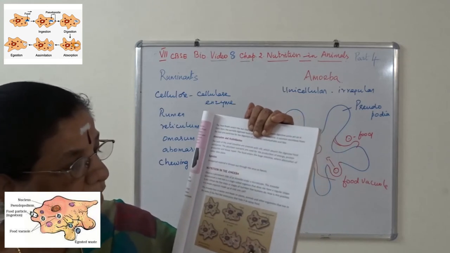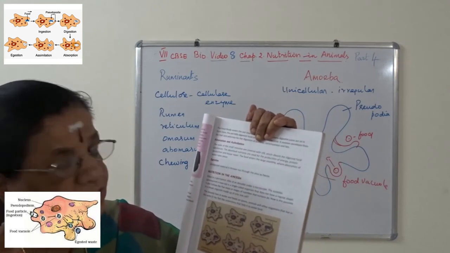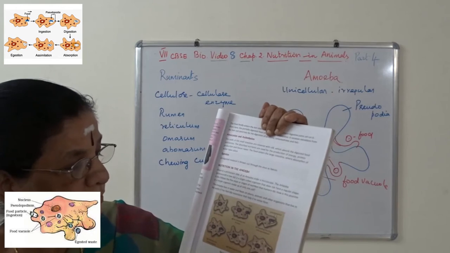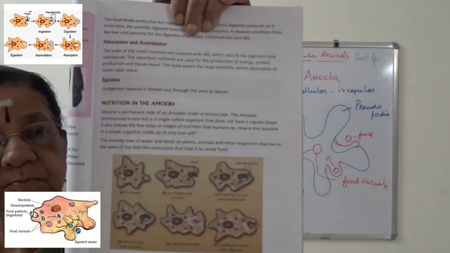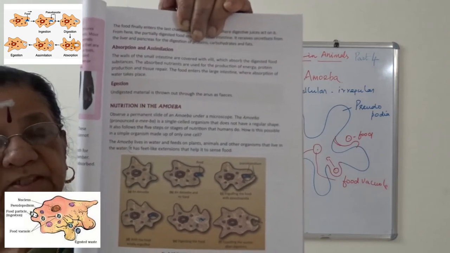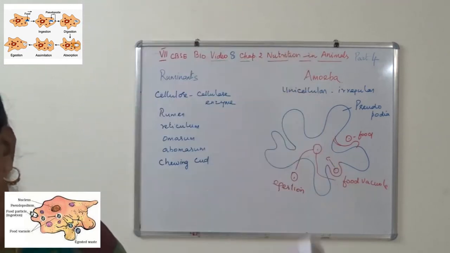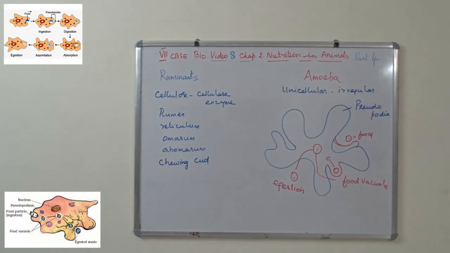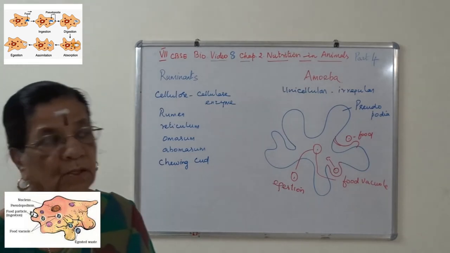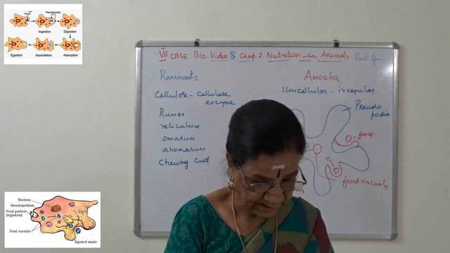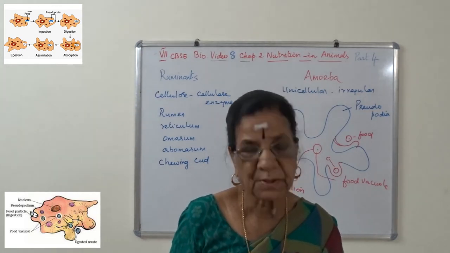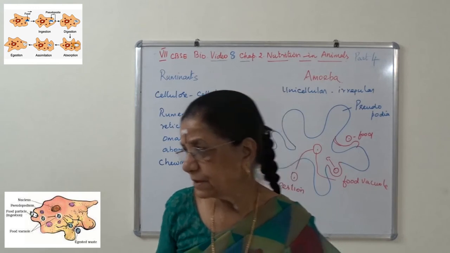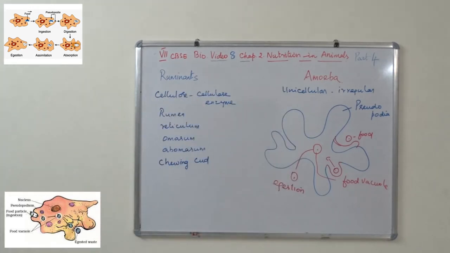And then the undigested food is expelled out as waste. These are the steps involved in the process of nutrition in amoeba. Okay, this is for nutrition in amoeba.